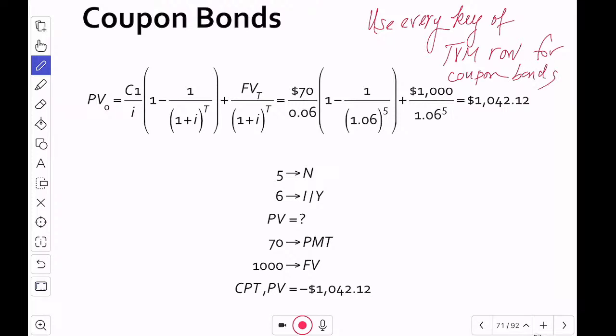And because we have those two components, we have two parts to the formula: the annuity piece and the lump sum. Next.